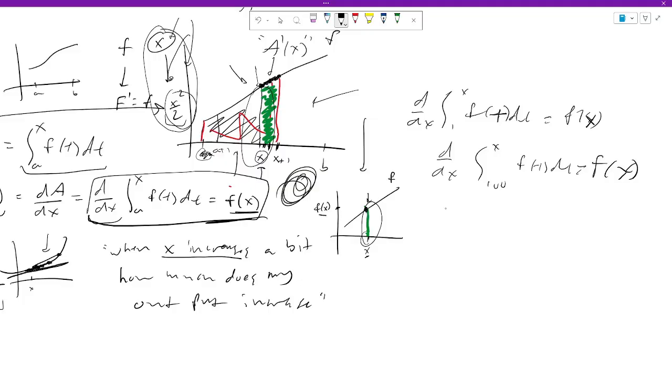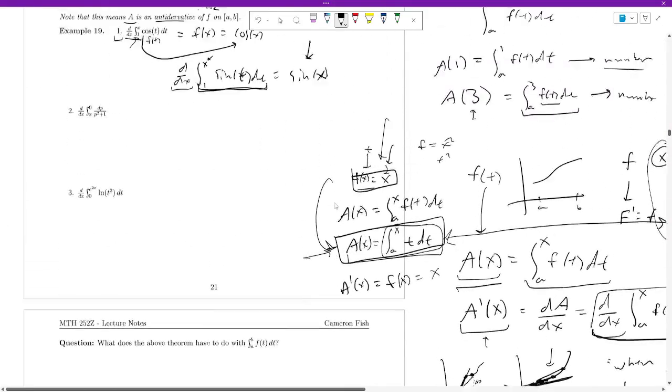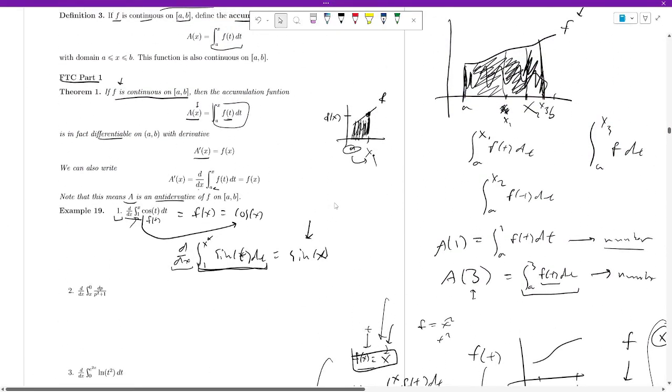This is a t, this is a t, those are x's. The theorem does not care what number is down here. It could be any number, and the theorem still works. You just get f of x on the right side. So in the theorem statement, that's taken care of by just having an a here, but it could be anything. So in this problem it's 1, but if it was a 2, it'd be the same thing.